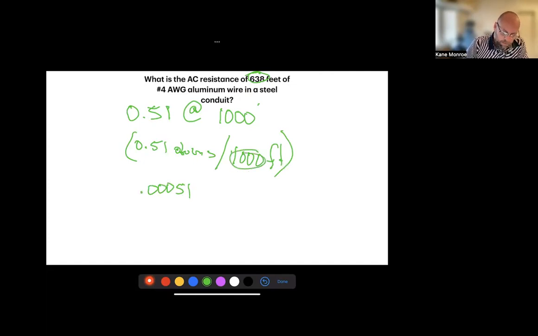So it's 0.00051. And that's per foot. And now we need to multiply that times 638, because that's the length we had up here in the question, which equals 0.325 ohms.